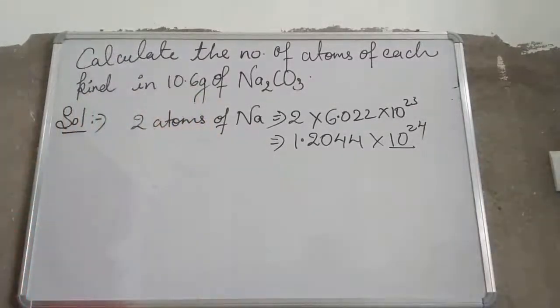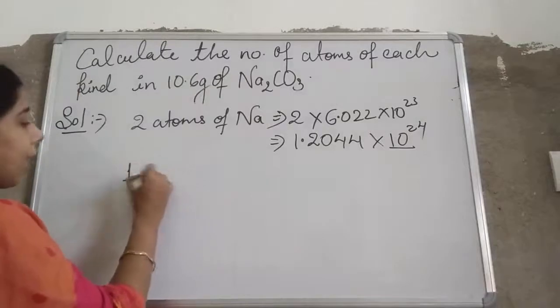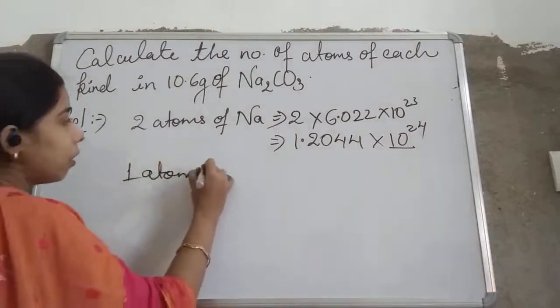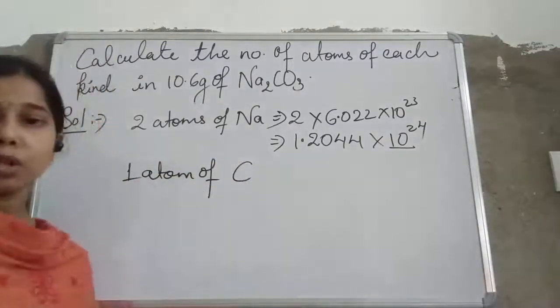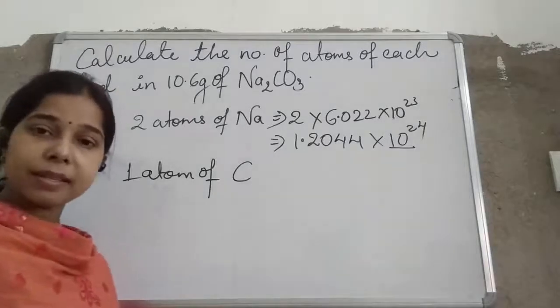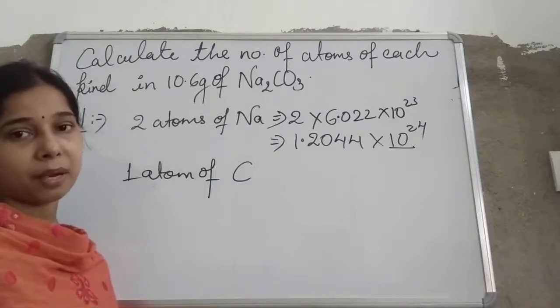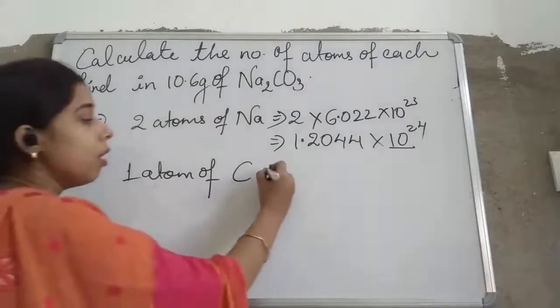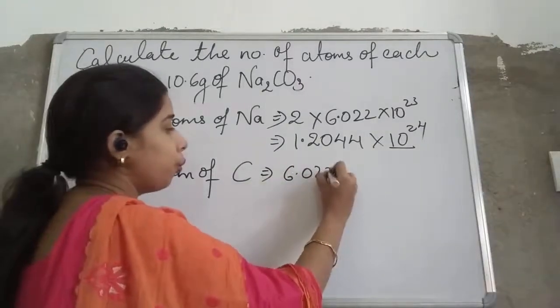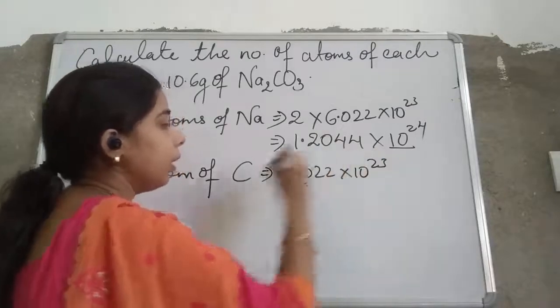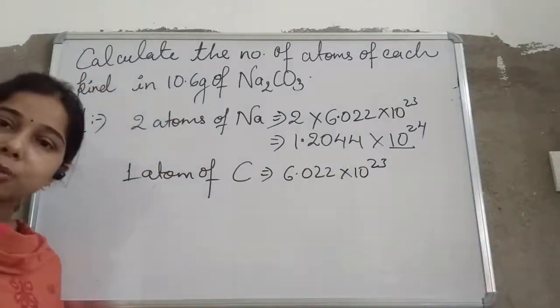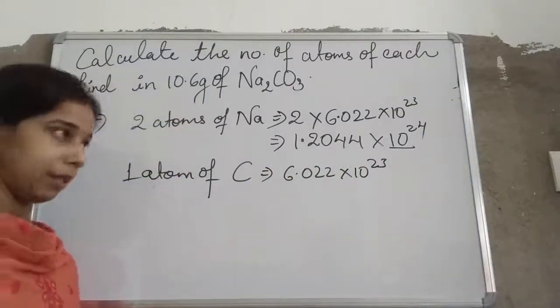Now the next one is the one atom of carbon. Only one atom of carbon is there, student, and we know that in one atom the number of particles present is 6.022 into 10 the power 23. So the answer will be 6.022 into 10 the power 23.